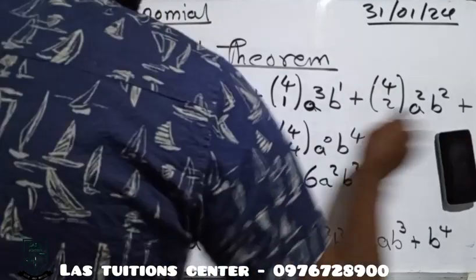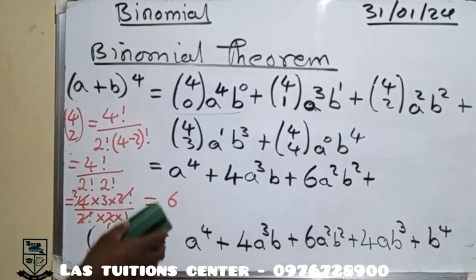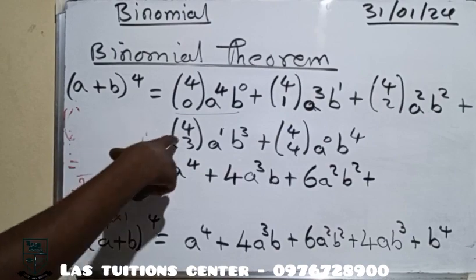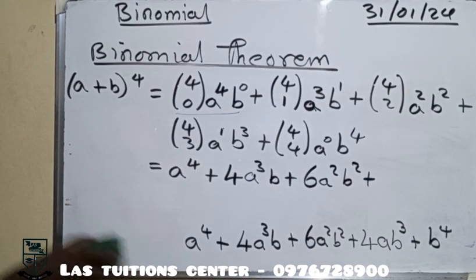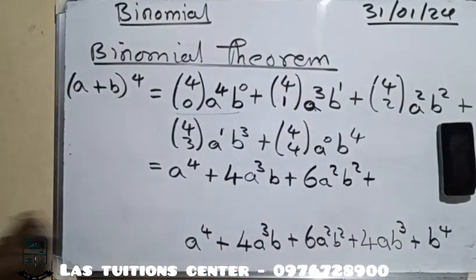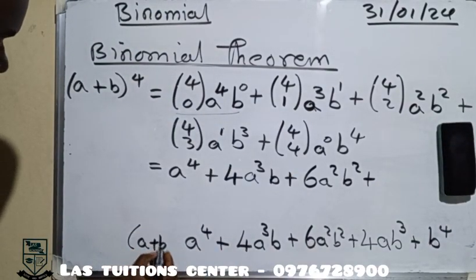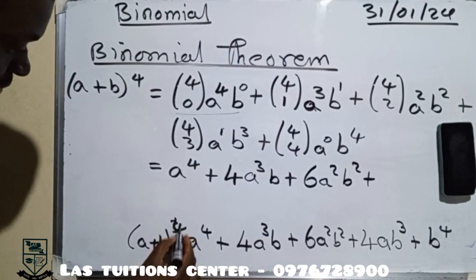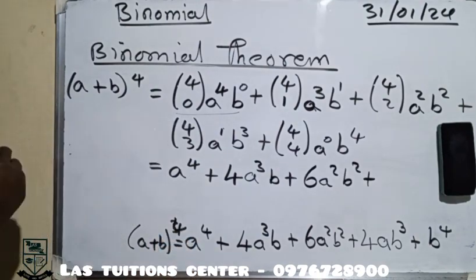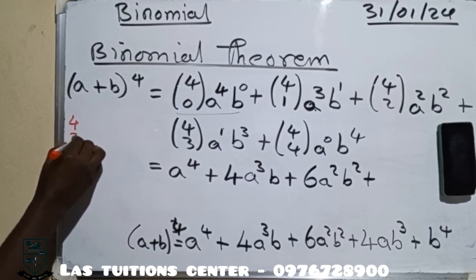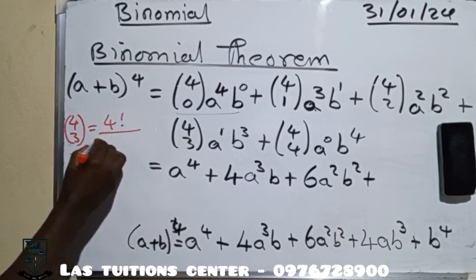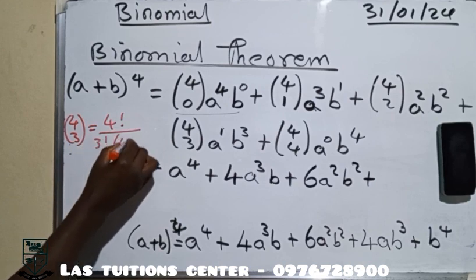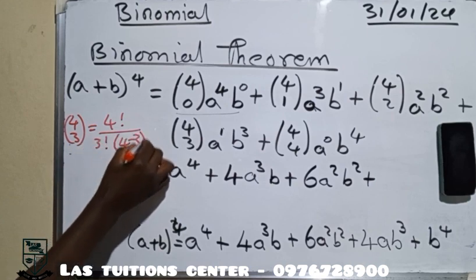Now let's come to 4 choose 3. So for that one, we have 4 choose 3, which is going to be 4 factorial over 3 factorial times (4 minus 3) factorial.